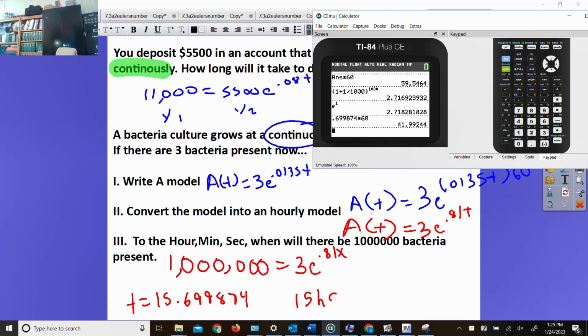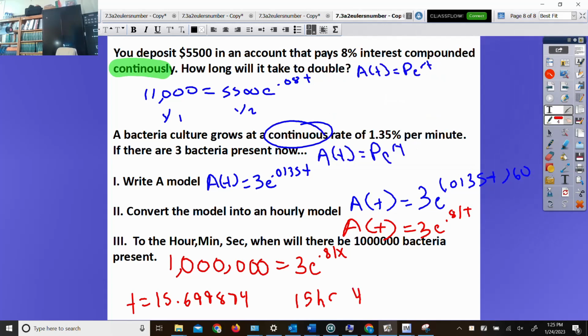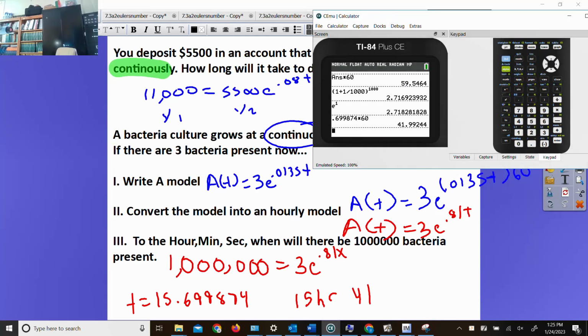How many whole minutes? 41. We're going to take away that 41, and we're not going to say 0.99 minutes. We're going to turn it into seconds. How do you turn it into seconds? Times it by 60. If you round properly, that's 60 seconds. Then it was 42 minutes. It may not have been apparent to you when you first looked at that decimal that it was actually closer to a whole minute.